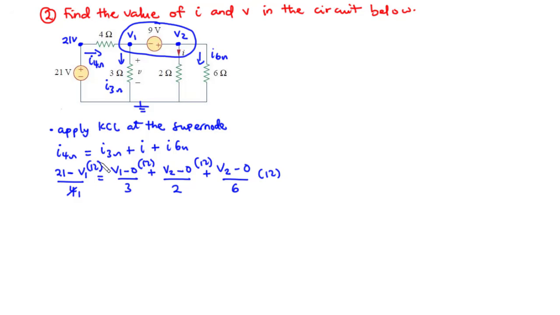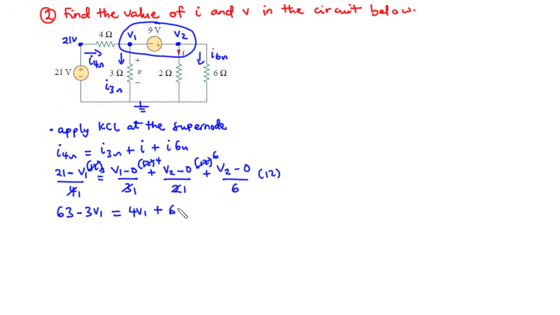So 4 goes here once, 4 goes here 3 times. So we have 3 times 21, which is 63, minus 3 times V1, that is 3V1, equals 3 goes here once, 3 goes here 4 times. So 4 times V1 is 4V1 plus 2 goes here once, 2 goes here 6 times.